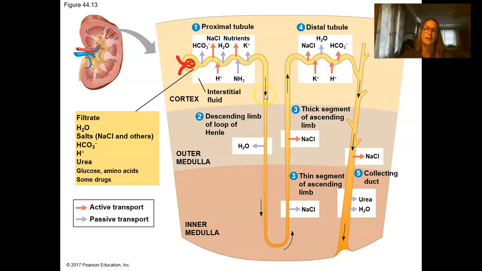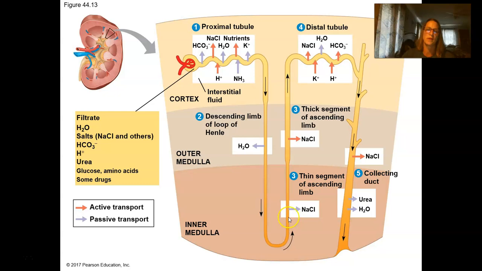And as the filtrate moves lower and lower into the inner medulla of the kidney, the concentration of the interstitial fluid is going to change. You can't see it here, but you'll see it in the next slide. Basically what that's going to cause is a lot of water moving from inside of the tubule to outside, and that's where the body's going to reclaim a lot of the water.